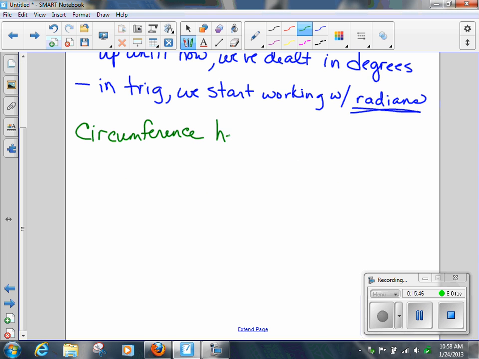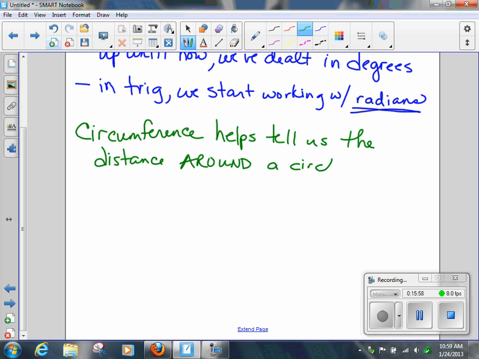Circumference helps tell us the distance around a circle. That's important to us. You're getting ready to discover something else. This is a class full of discoveries.